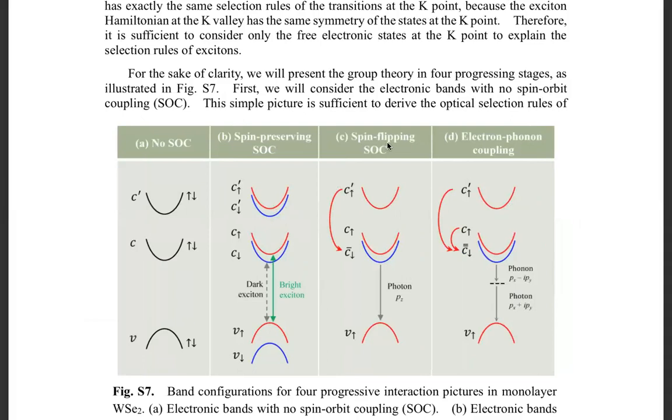But once you include the spin-orbit coupling, this spin up term and the other spin down term are going to mix together. The eigenstate will be a mixture of spin up and down, and that is the reason why the dark exciton can emit light.